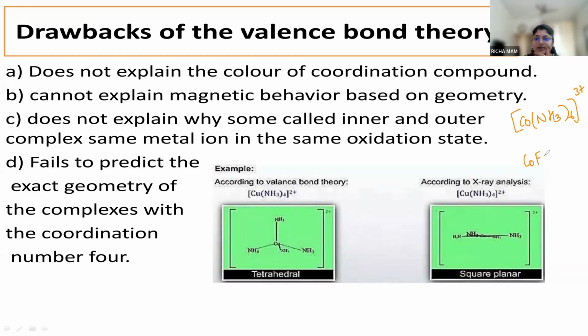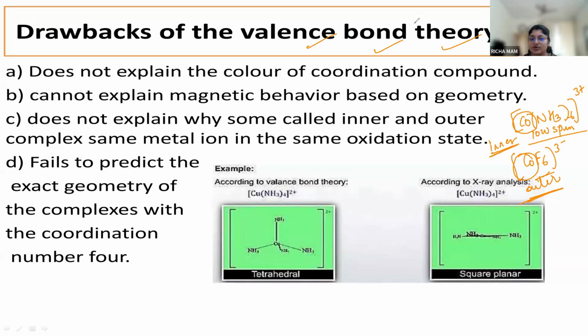In the first complex, it could show a low spin complex, or an inner orbital complex. And in CoF6 3 minus, it could show an outer orbital complex. So for the same central metal atom, it shows different orbital complexes. This could not be explained with the valence bond theory.